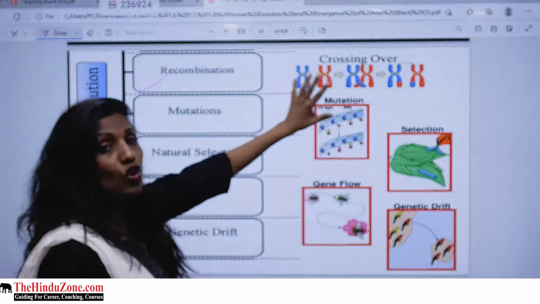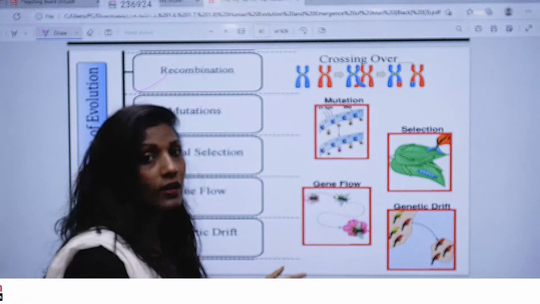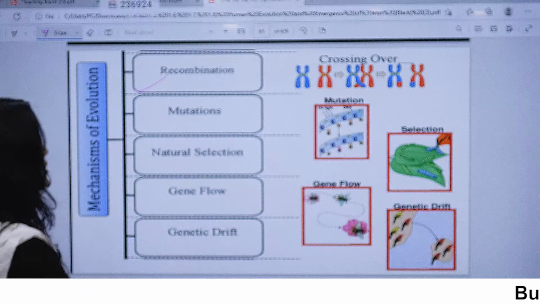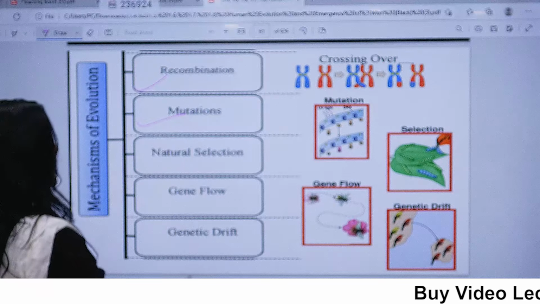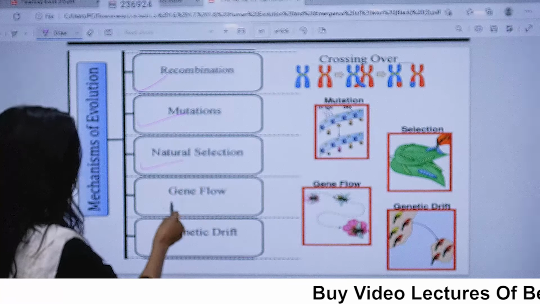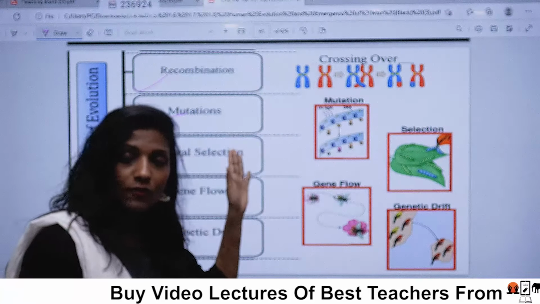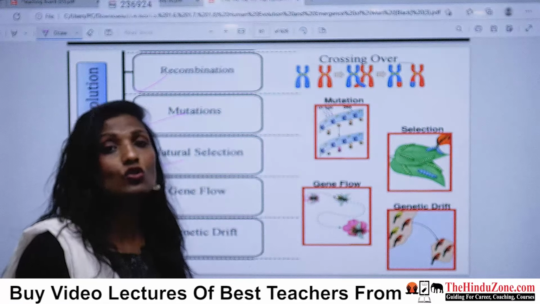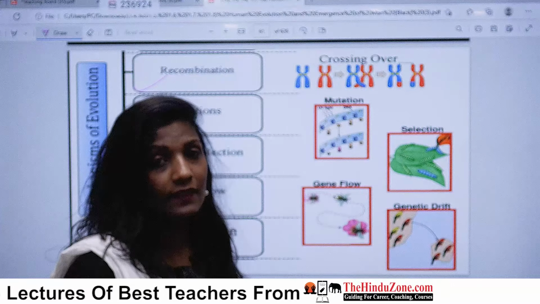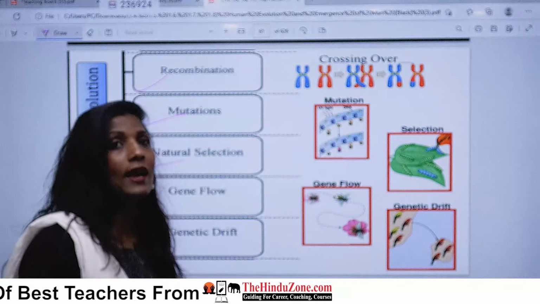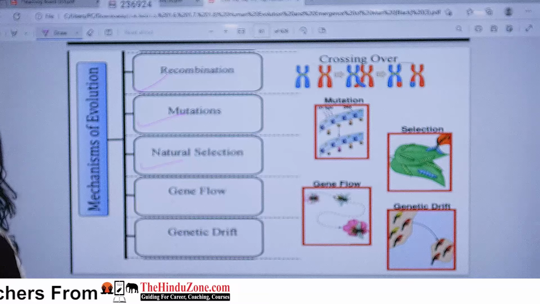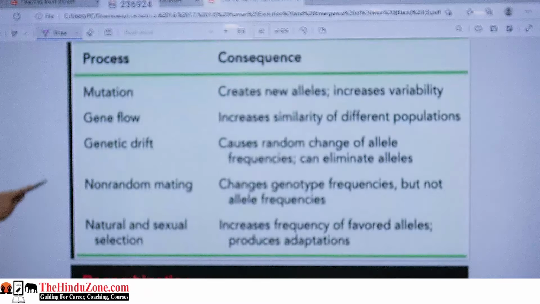Recombination is the crossing over, the forming of the zygote, then mutations, then natural selection, gene flow and genetic drift. These are factors which help us understand how human evolution has variation and how it took place.